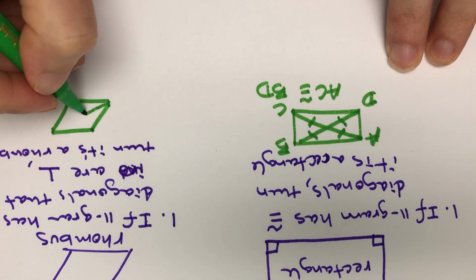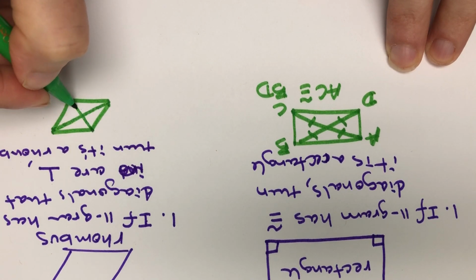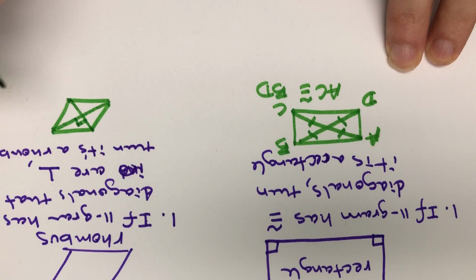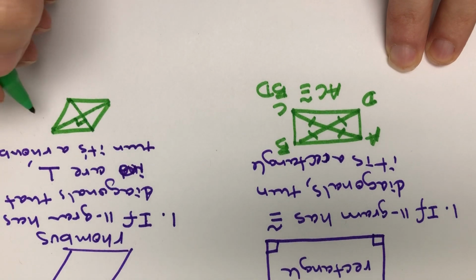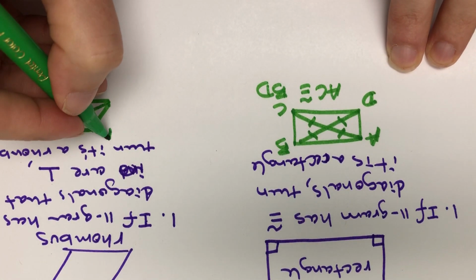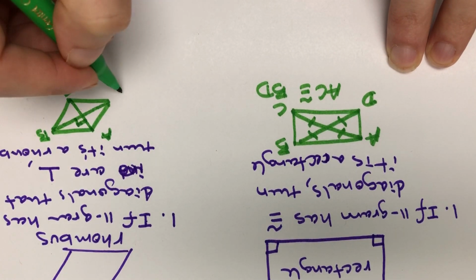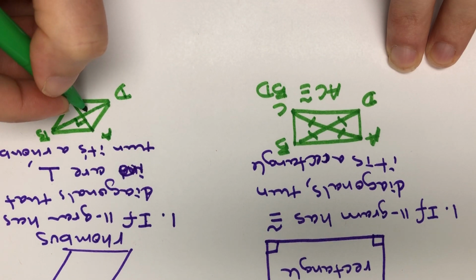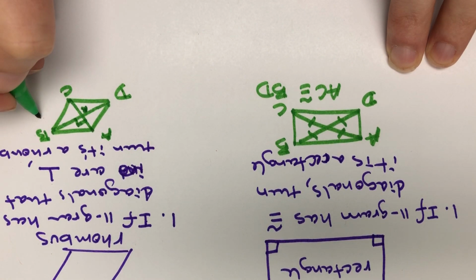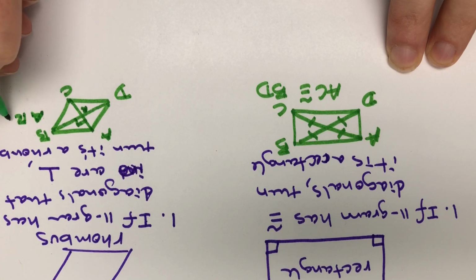So here's our parallelogram, and in a rhombus, the diagonals still bisect each other, but the important thing is that they meet at a right angle. And I'll put an R in there. So that means that angle ARB is a right angle.